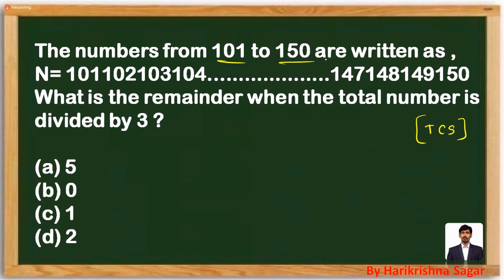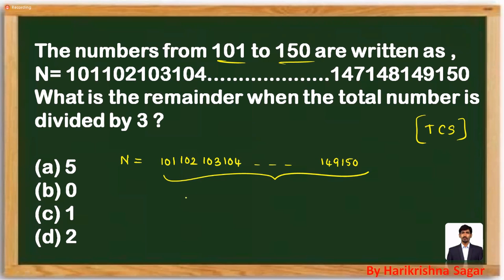So the numbers range from 101 to 150. The numbers are 101, 102, 103, 104, and so on to 149, 150. What is the remainder when we divide with 3? It's a huge number, but for 101 to 150, I want to know the sum of the digits. Sigma 150 minus sigma 100 will give the 101 to 150 summation.